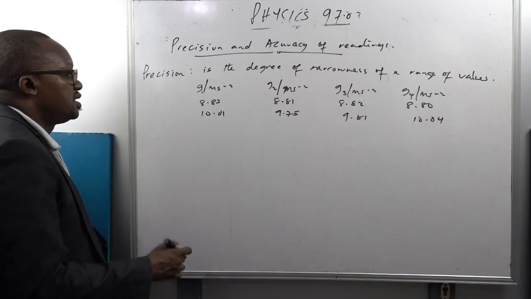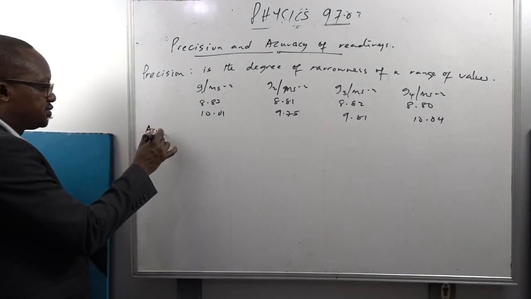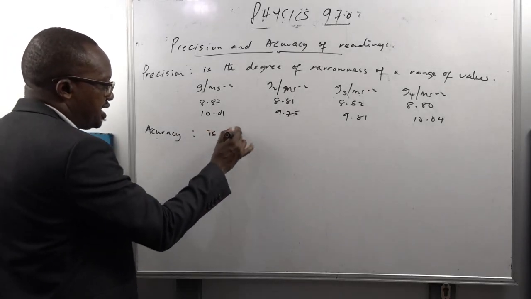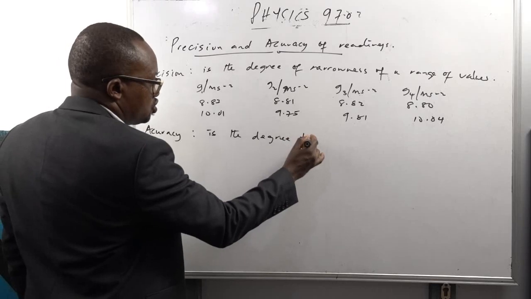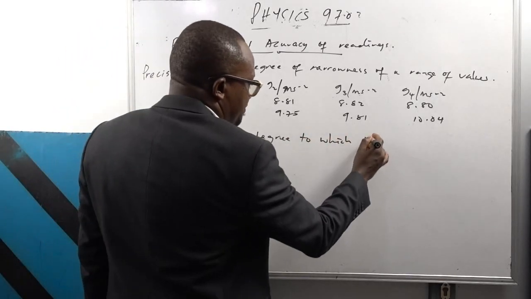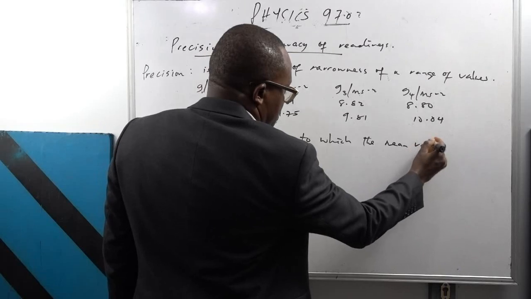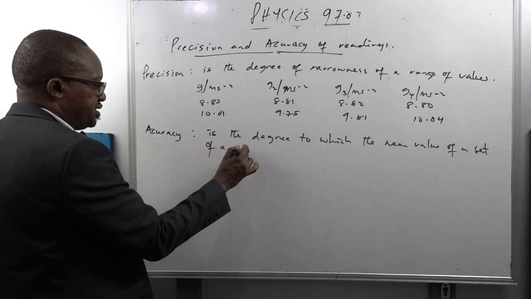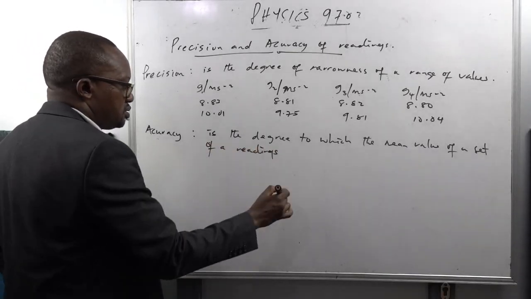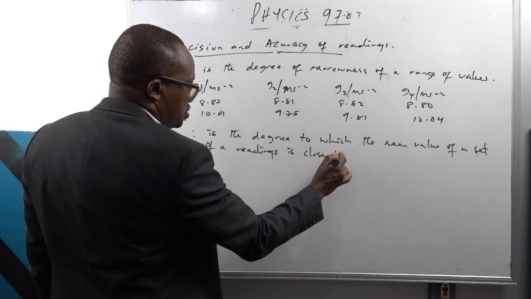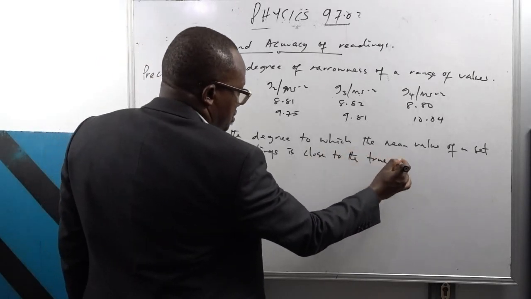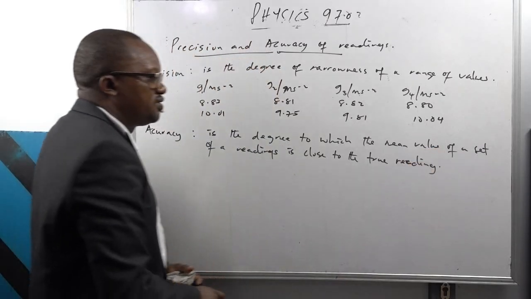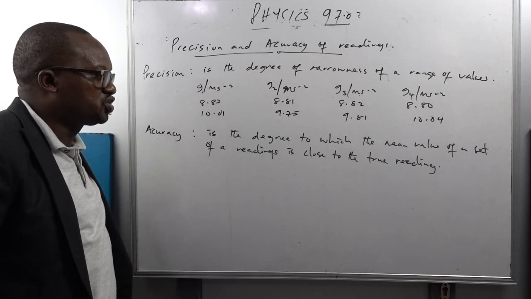Then when we talk about accuracy, accuracy is the degree to which the mean value of a set of readings is close to the true reading.